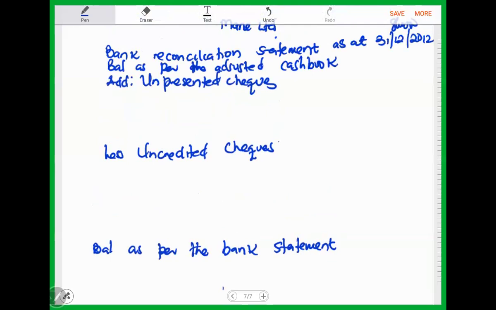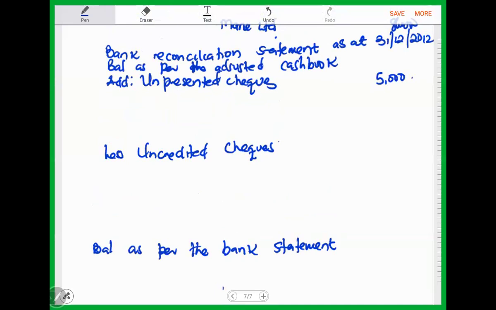This check had not been presented to the bank. Therefore, we must come here and add it. And it is 5 million. That is in the reconciliation where we have unpresented checks.